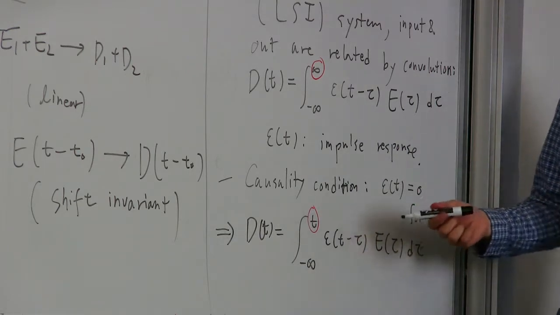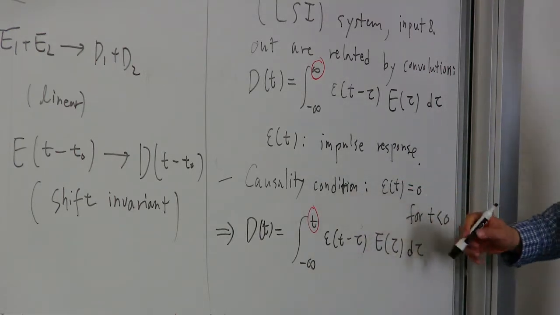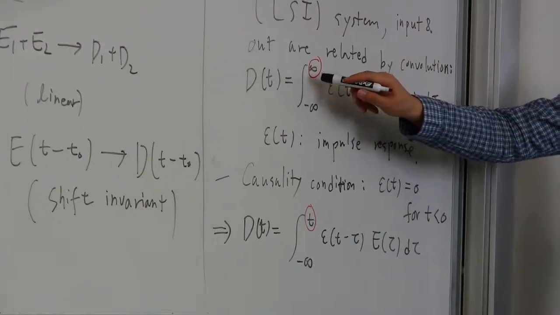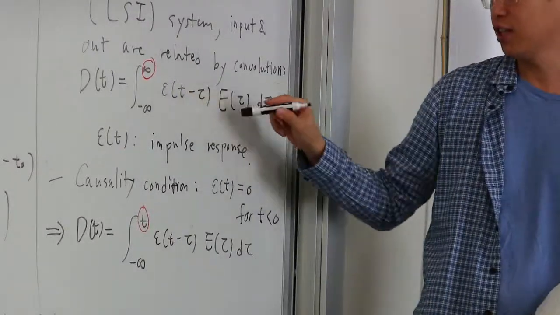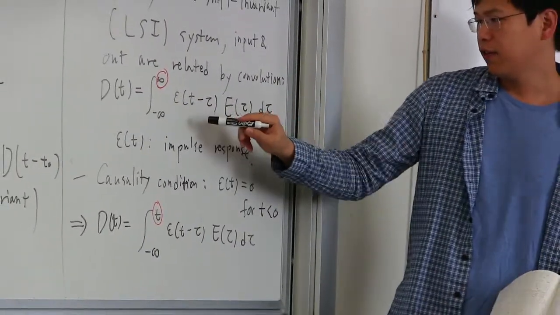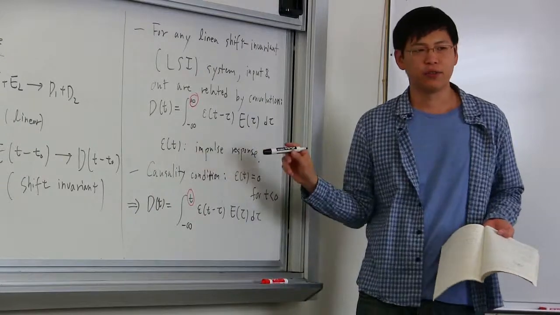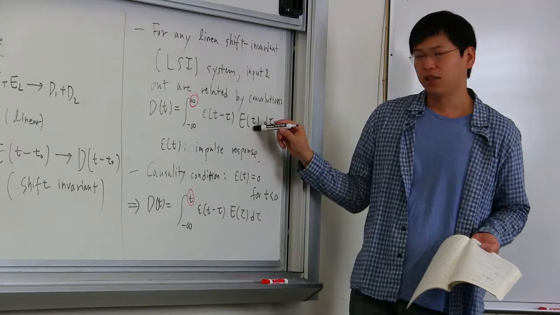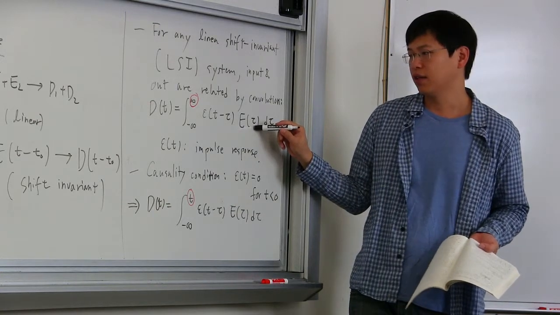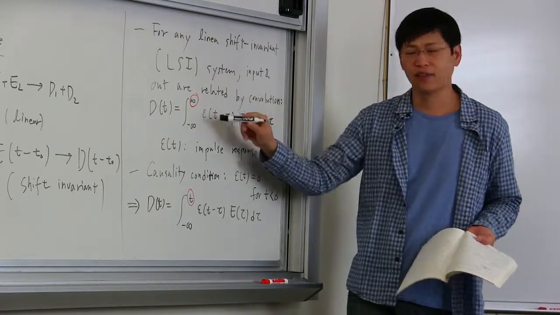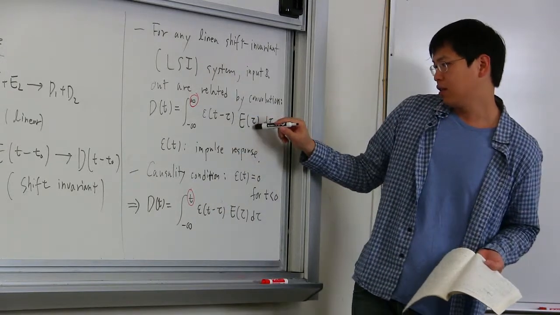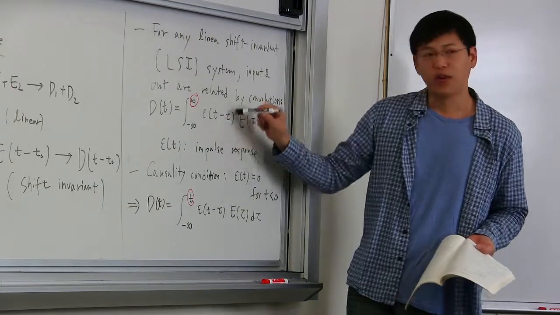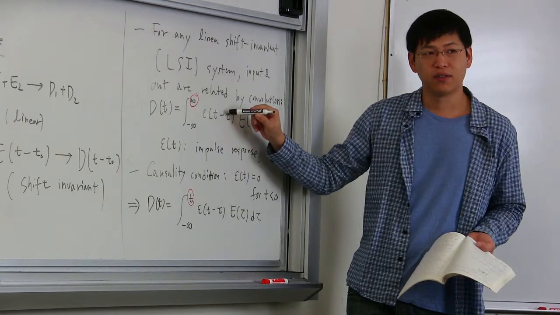Why does this mean a causal system? Let's look at the first case, the original definition. If epsilon(t) is not 0 for t less than 0, then for tau greater than t, your epsilon is still non-zero, right?